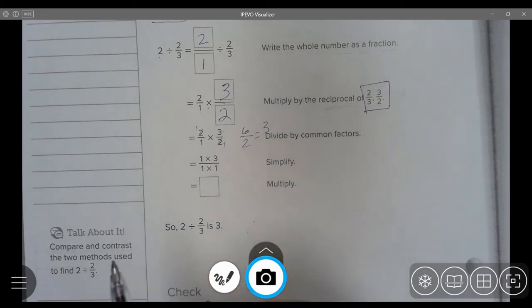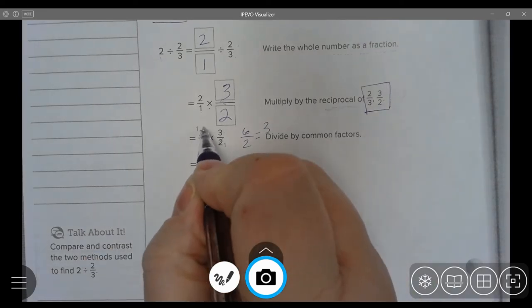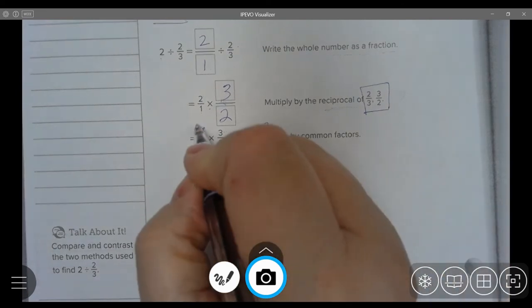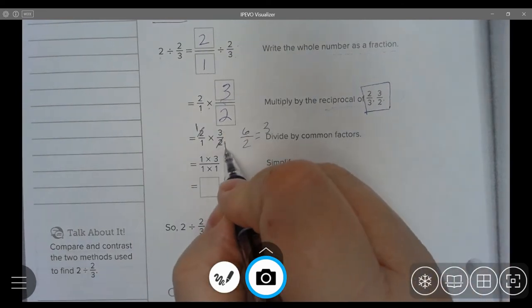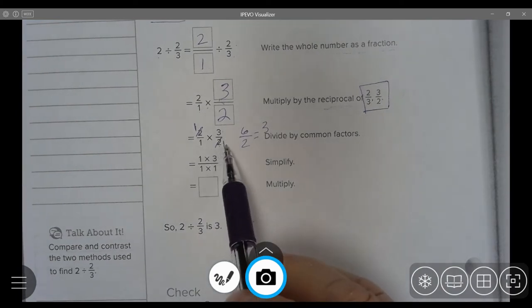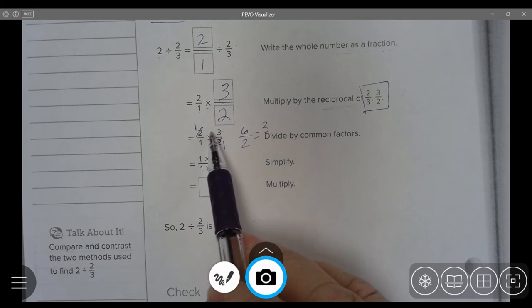And we could say 3 is the answer if you did not simplify. Or, I kind of like the shortcut. You can simplify. So I have a 2 and a 2. 2 divided by 2 is 1. 2 divided by 2 is 1. So now I have 1 times 3 and 1 times 1.